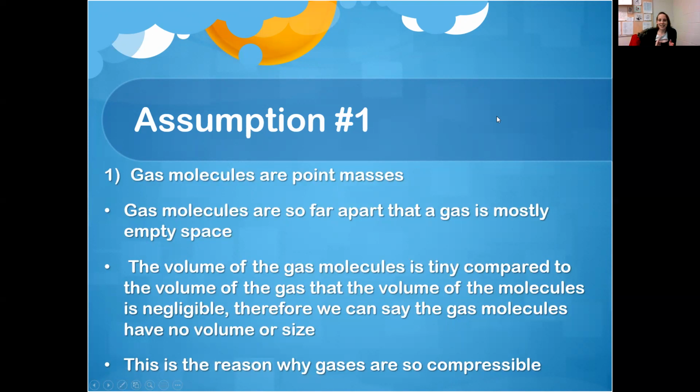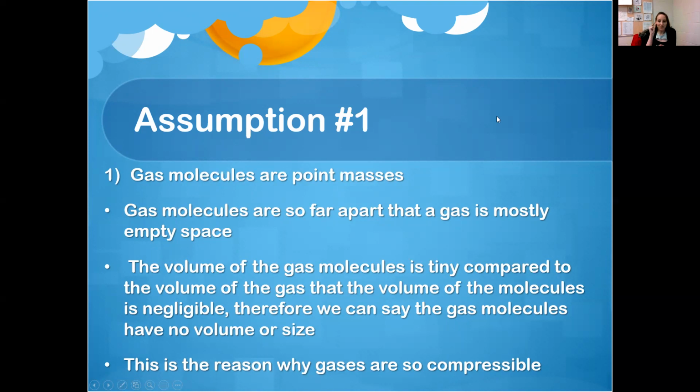So the assumption that gas molecules are point masses is essentially, we can use this assumption because gas molecules are so far apart that gases are mostly empty space. That's why we can like move through the air so easily, because it's mostly empty space with gas molecules super spread out.